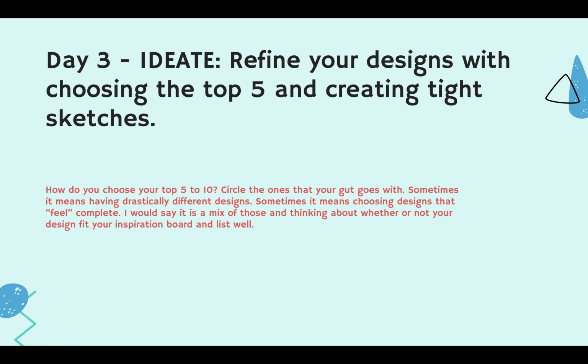So going through all of your sketches, ask yourself, does this feel complete? Does it just feel off? If it feels off at all, then it probably isn't one that you'd want to be a final design. Because our art isn't a science, it's a gut feeling that we just go with. And typically over time you refine your eye and figure out which things feel correct or feel like they have harmony and unity and just feel complete in general.